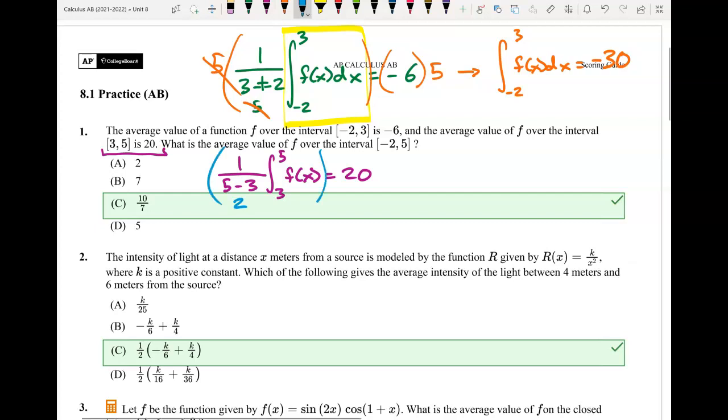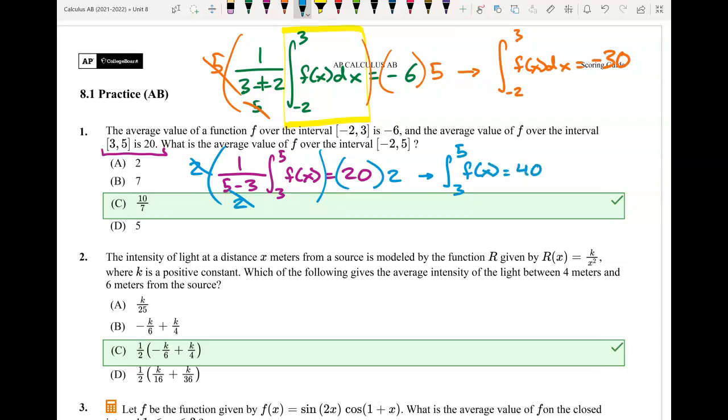So could I multiply both sides by 2? And so that leads me to the definite integral from -2 to, or not -2, 3 to 5 of f of x is equal to 40.